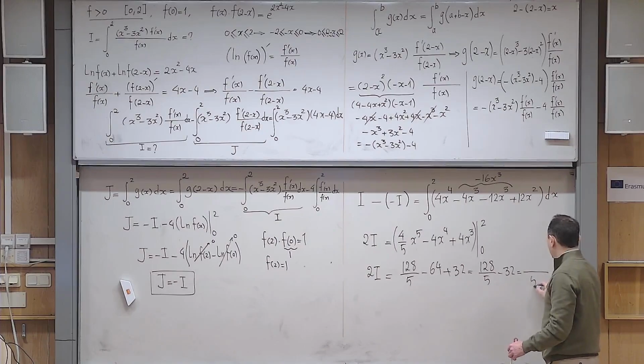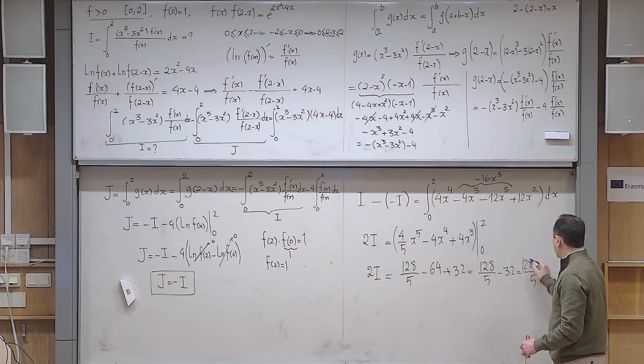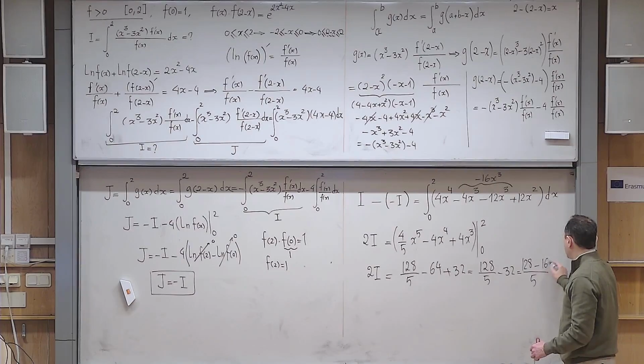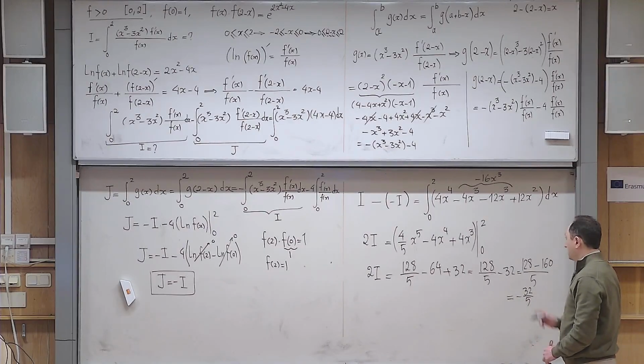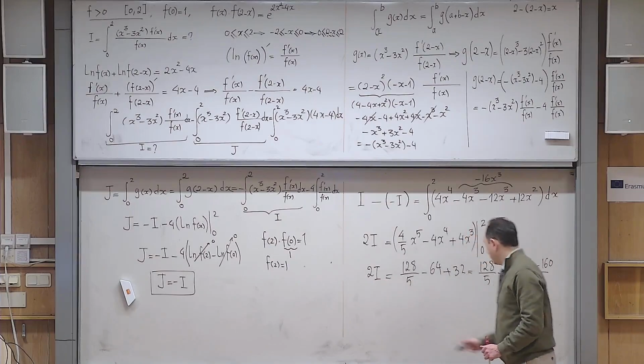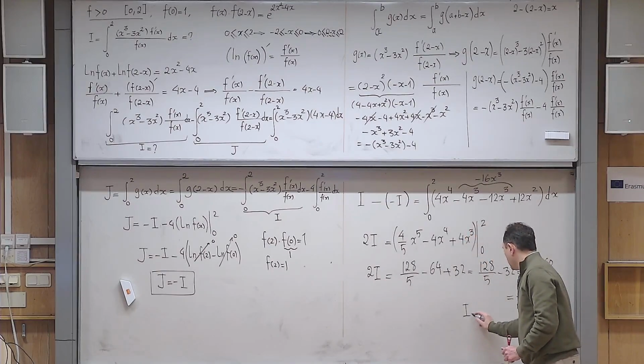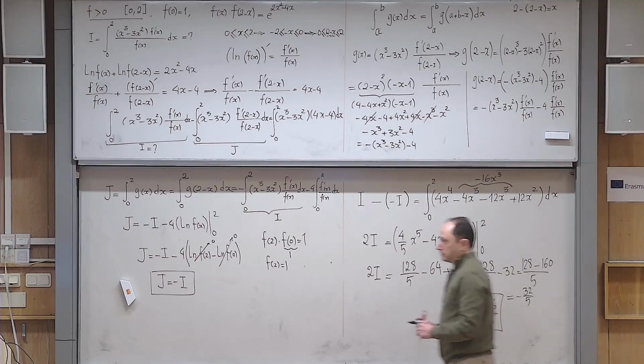So if I take the common denominator, 128 minus 160. So the answer will be minus 32 over 5. Oh, okay. Be careful. This is 2i. So I want to find I. It becomes minus 16 over 5. So that is the correct answer to the problem. Yes?